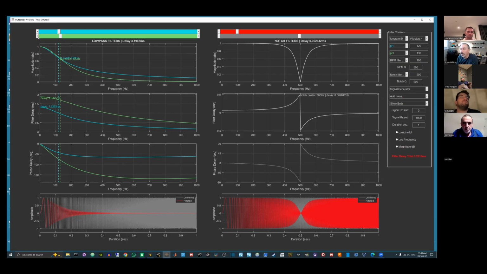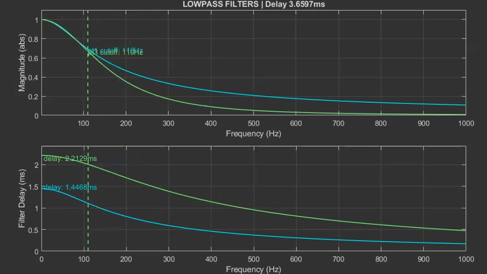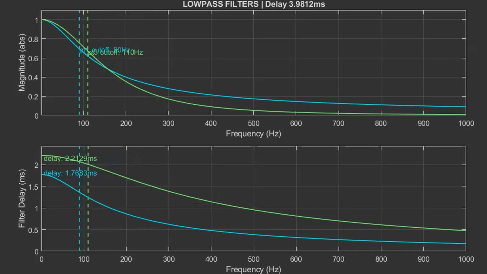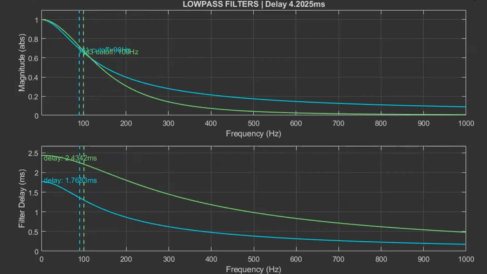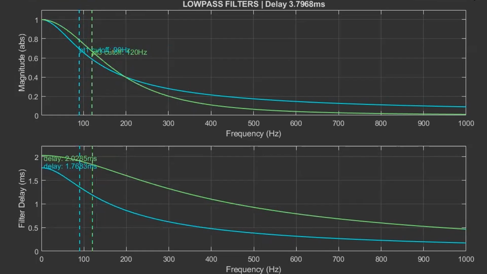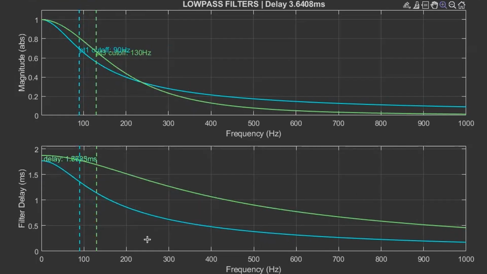Let's say we set the PT1 so that we have roughly 1.7 milliseconds or so. To make the PT3 match that, I'd have to go something like this, and probably a little bit less here, but I can't get the number.